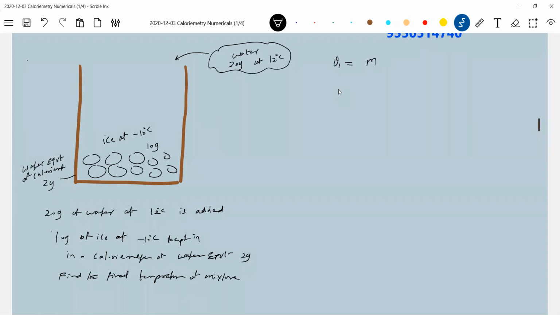Specific heat of ice is 0.5 calorie per gram per degree Celsius. Specific heat of water, 1 calorie. These are the data. And latent heat of fusion is 80 calorie per gram.